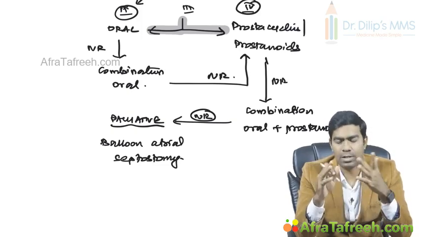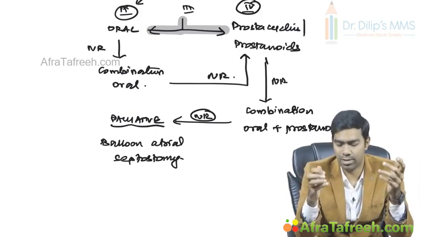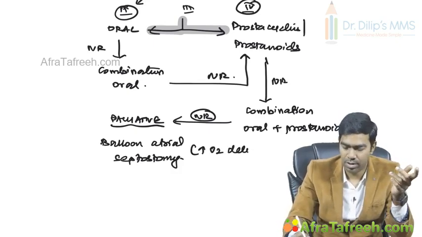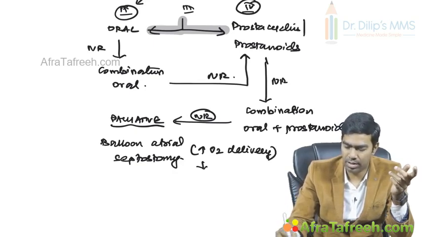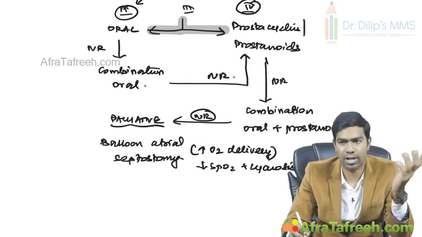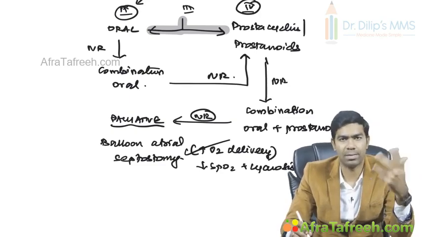But as a whole, definitely this is important for improving the oxygen delivery. So balloon atrial septostomy in end stage cases definitely improves the oxygen delivery, no doubt about that. But at the same time, they will cause reduced saturation and cyanosis because of mixing of the blood, because you are anatomically creating a shunt, right to left shunt. That's the idea. But anyway, it overall improves the oxygen delivery. To at least it's a palliative thing.